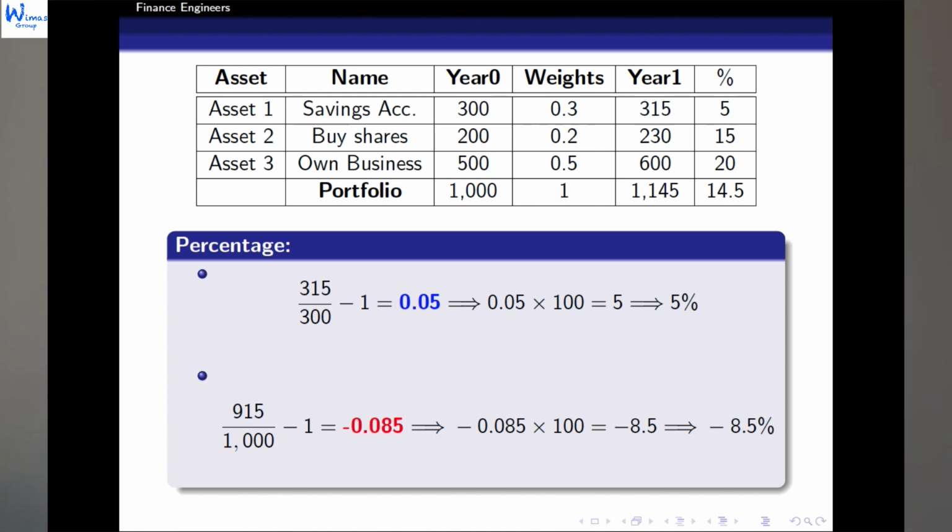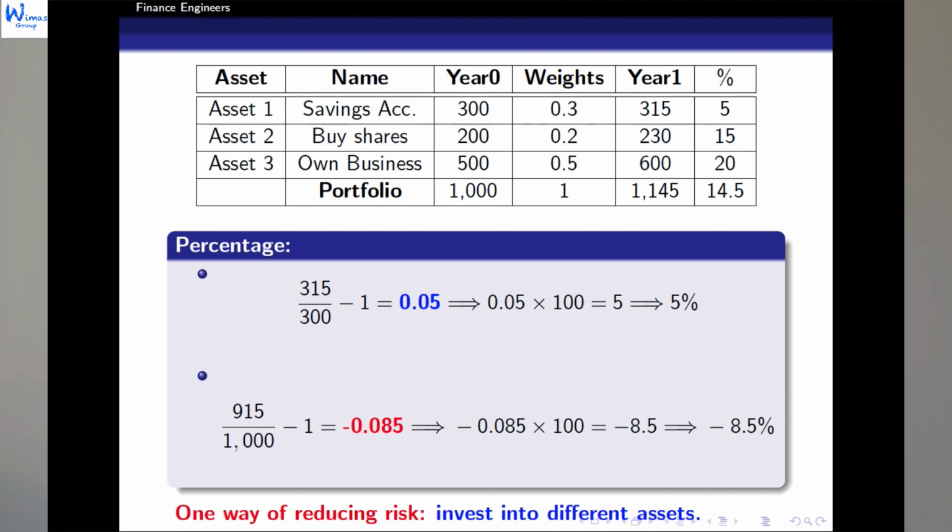We have lost money. This is something interesting to remark in a portfolio, because this is one way of reducing risk when you are investing in different assets. If we had invested all the money in that company and the company becomes bankrupt and the value of the shares becomes 0, even if we have bought more than 10 shares, they will become 0 and we will end up with 0.